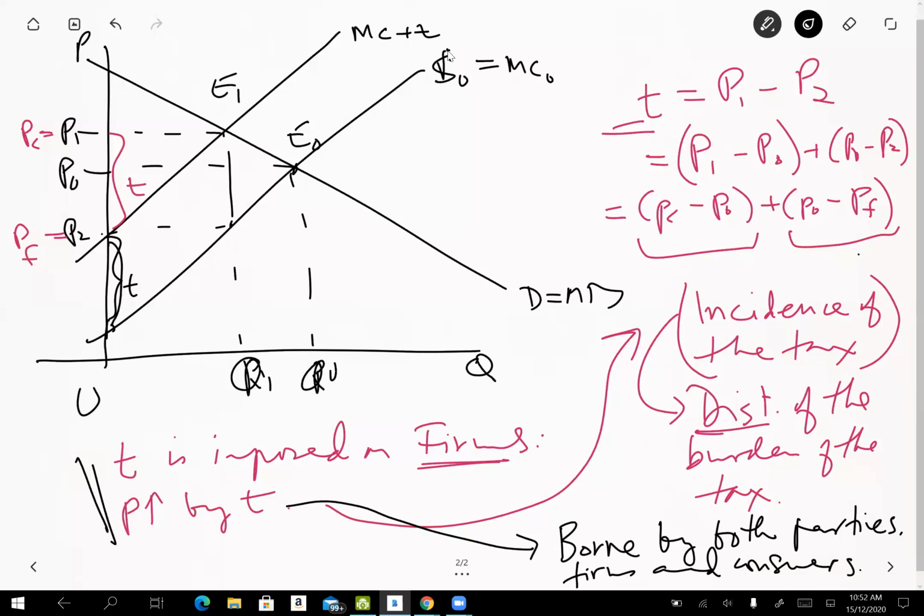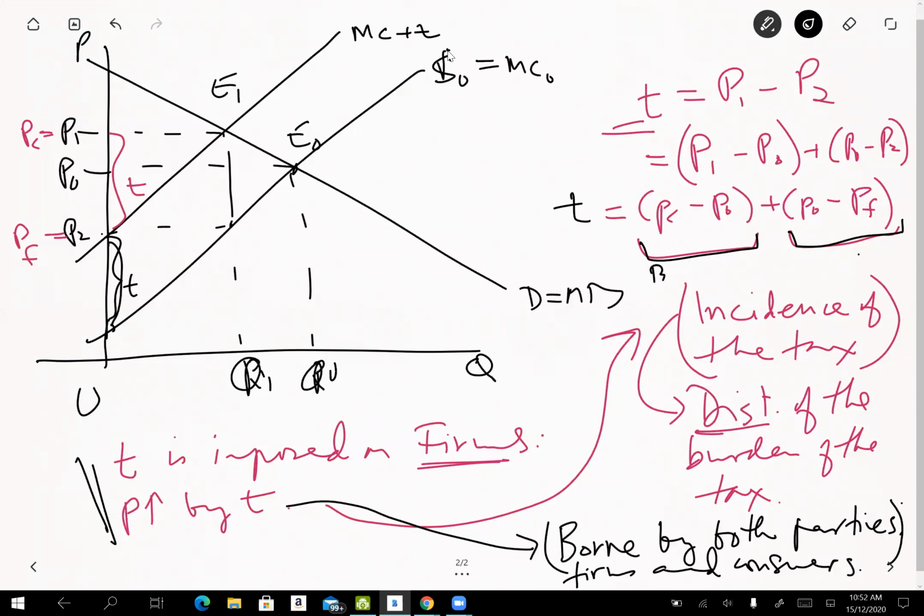And now if you look at this sum of the tax, where the burden or the incidence is going to be shared by both parties. So you can see here, PC minus P0 is what? Is the incidence on whom? On the consumers.